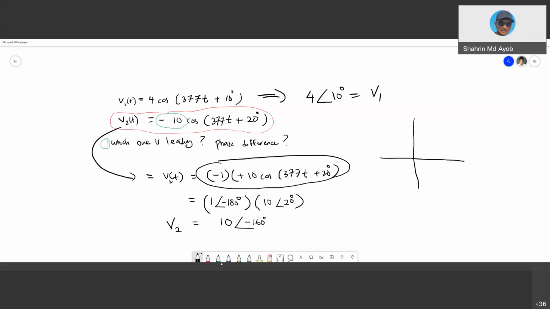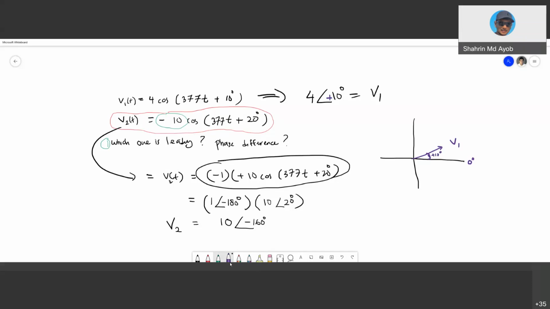Okay. So we draw V1, 4 with an angle of 10, so positive 10 degrees, from 0 here. This one is 0 degrees.